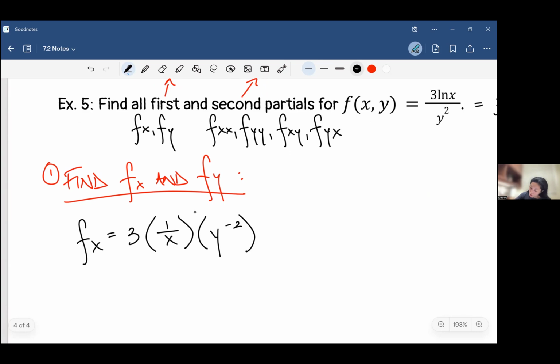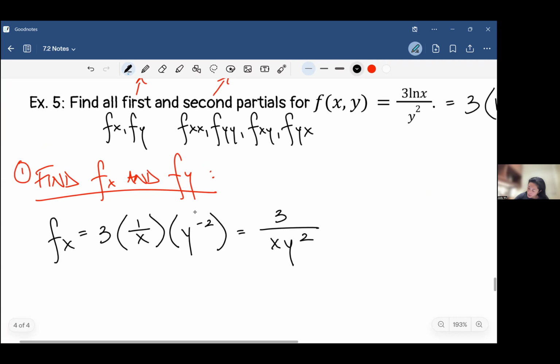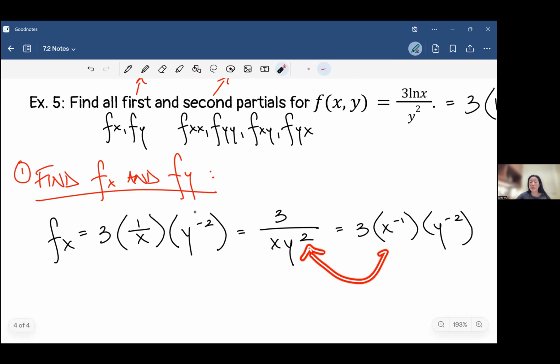Now we can write this as 3 over xy squared, or we could write this as 3 times x to the negative 1 times y to the negative 2. Being able to go back and forth between these two is going to be helpful when we find our second partials, because seeing the power is going to make it a lot easier to find the derivatives.